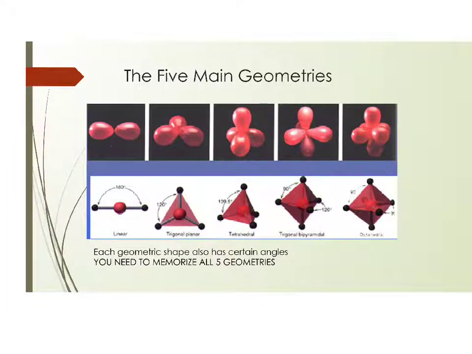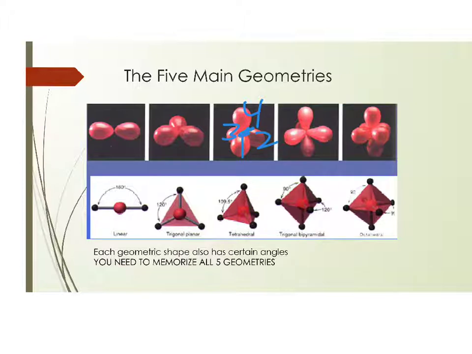This diagram can give you a basic rundown of the general shape of each of the 5 main geometries. Each of the balloons represents 1 bonded pair, and the central atom in the middle is represented by the knot that connects all the balloons. If we use tetrahedral, for example, you can see that there are 1, 2, 3, 4 bonded pairs in tetrahedral, and it is connected by the central atom in the middle.